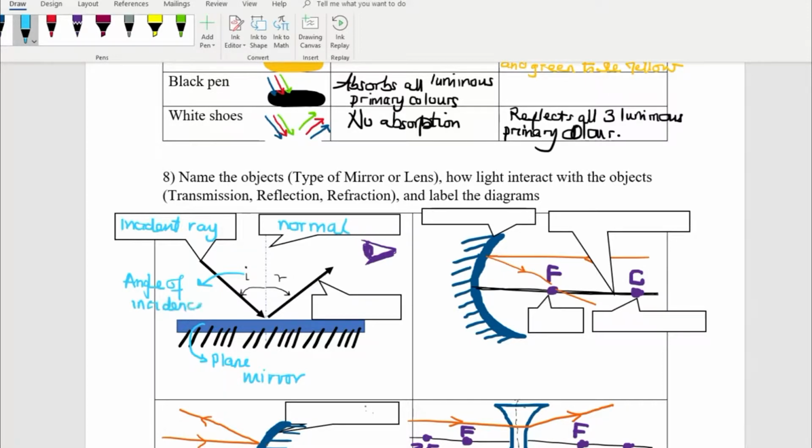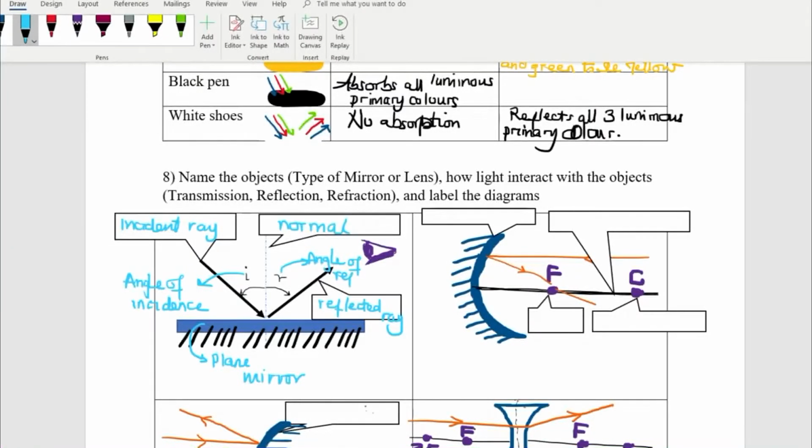On the other side, once the light bounces off this mirror, it creates another angle between the ray coming out to your eyes and the normal. This ray is called the reflected ray. The angle between the normal and the reflected ray is R, the angle of reflection.